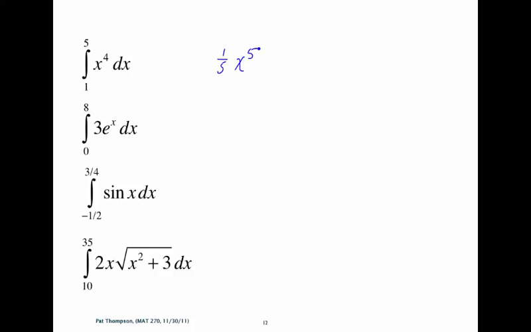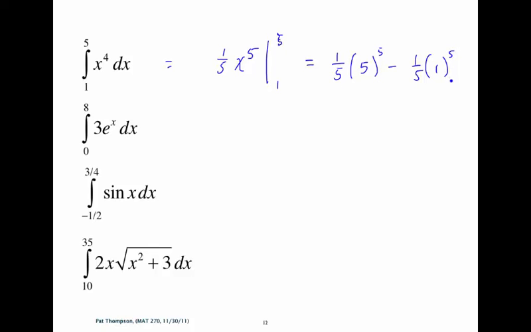All right, so that is our quantity function, because here's its rate function. So that's our quantity function, and what do we want to do? We want to do from 1 to 5. And that's the notation that means the final value of the quantity is 1/5, what? 5 to the fifth, right? That's the final value of the quantity, and the initial value of the quantity is 1/5, 1 to the fifth.